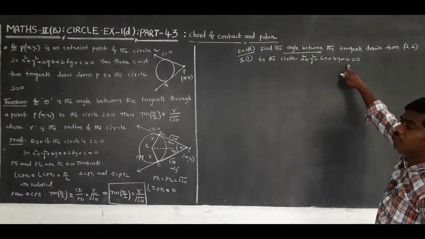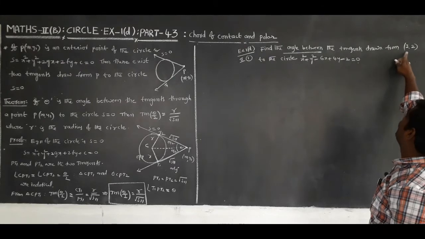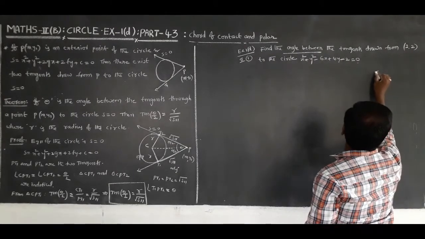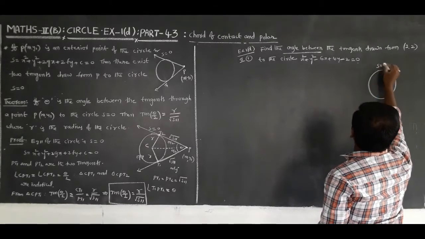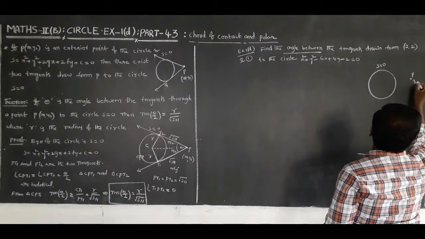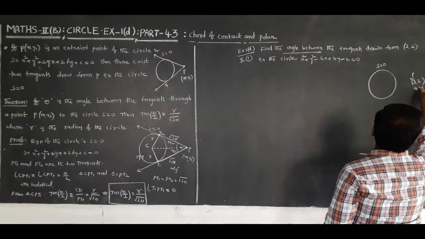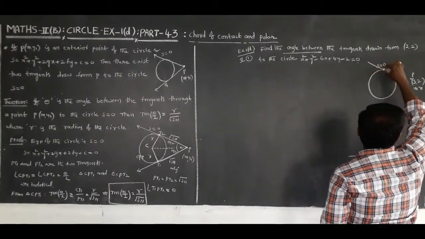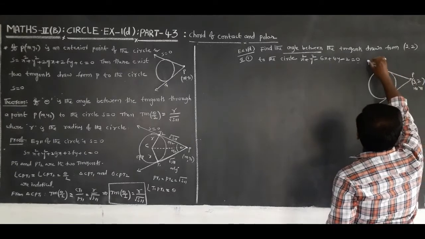This is the equation of the circle, S equal to 0. This is the given exterior point (3, 2), the point (x1, y1). Here we find the angle between the two tangents.